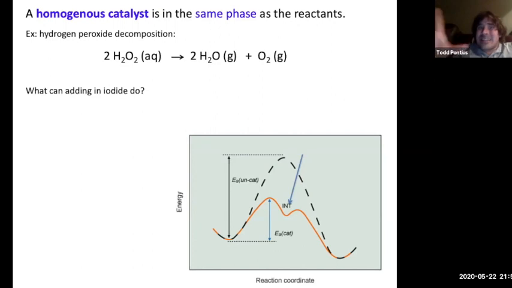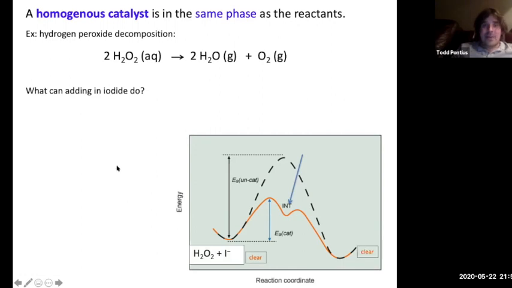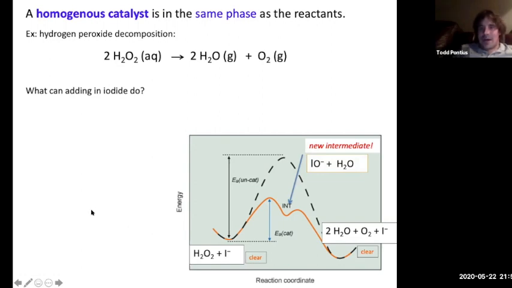You just can't see it because it's going really slowly. If we add iodide in, though, it catalyzes the reaction and gets it to go more quickly. So here we have our reactants on the left-hand side, we have our products, and instead of having that massive activation energy barrier, it proceeds through this hypoiodite, this IO minus intermediate.